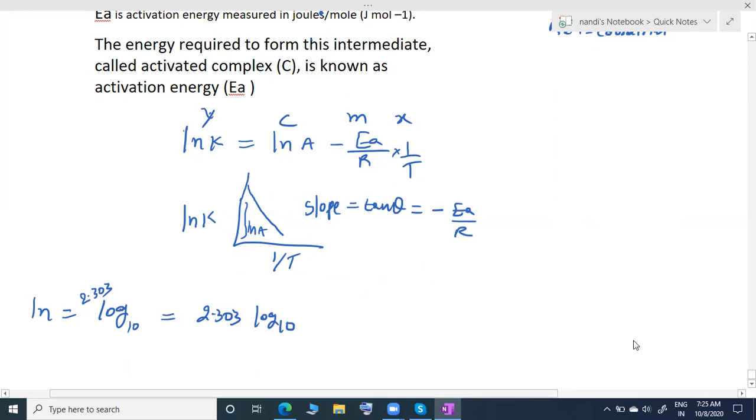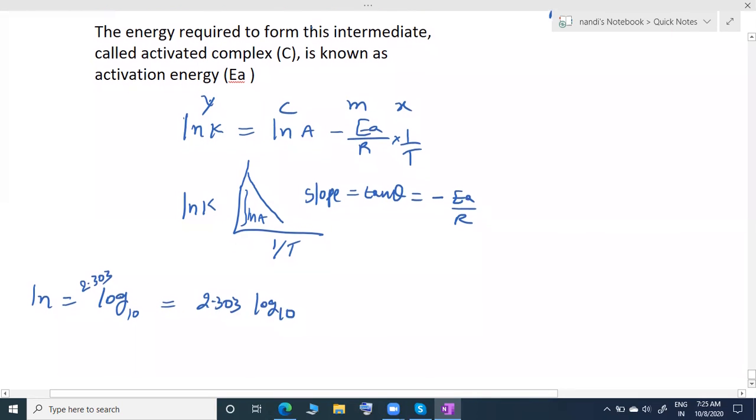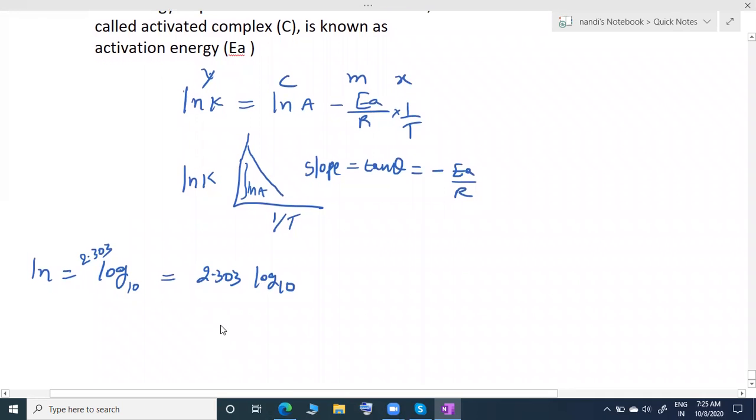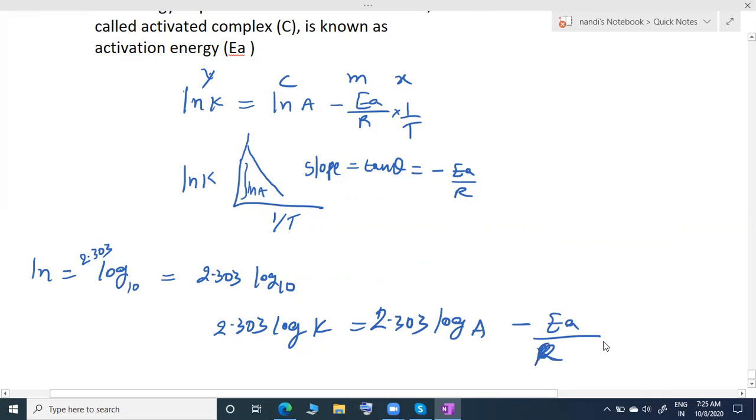So what will we get: 2.303 log k equal to 2.303 log A minus Ea by R into 1 by T. I am dividing both sides by 2.303.